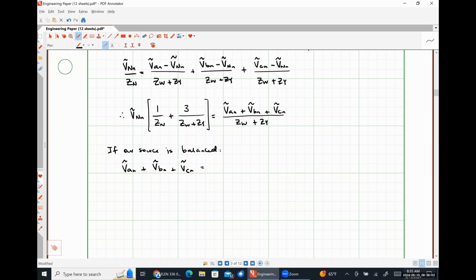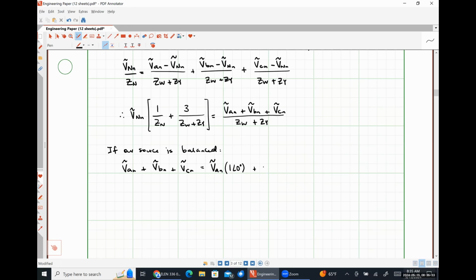So VAN could be expressed as, actually, let me do it this way without a magnitude there. VAN by itself times 1 angle 0 degrees. That's literally just me multiplying VAN by a factor of 1, okay?